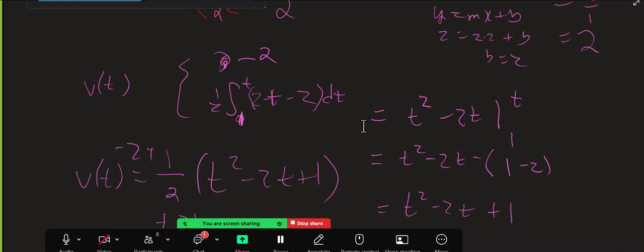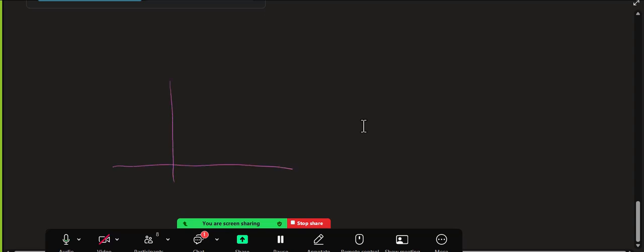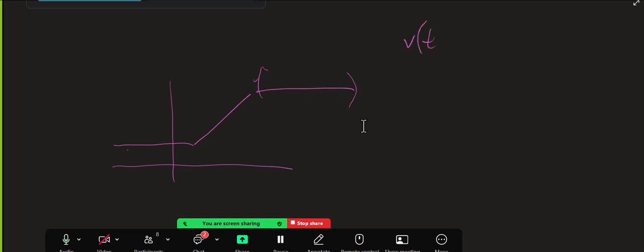So for the next interval, it starts at 0? No, for the next interval, let's say I had this and this and this. When I start this interval right here, I've already done all my work, and I have my voltage for t less than 1, and I have my voltage for t between 1 and 4.